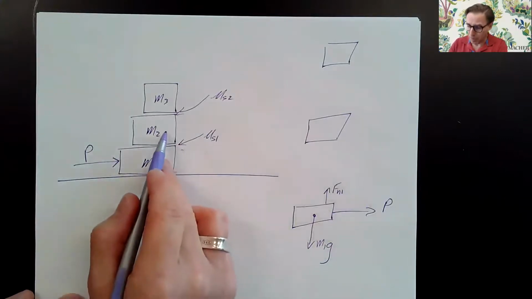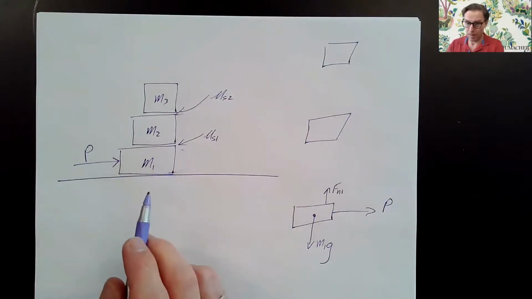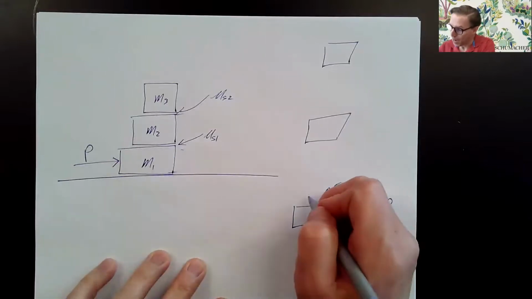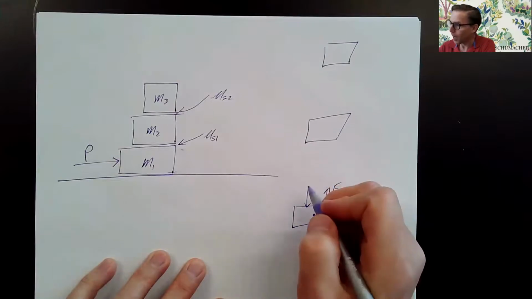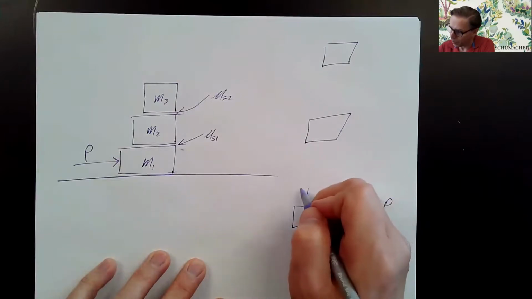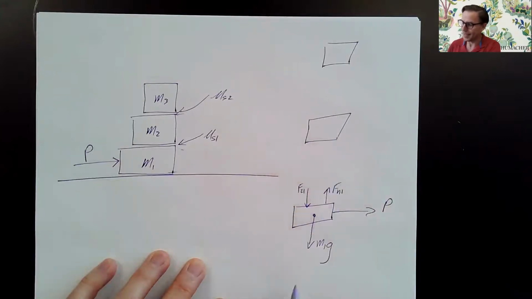And do you see the block M2 is pushing block M1 down? Do you see it? If you don't, I'll make it more obvious later, but right now I'm going to call it F21. Block 2 pushes block 1 down.